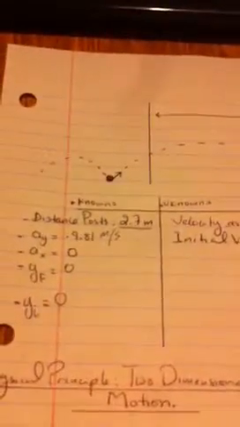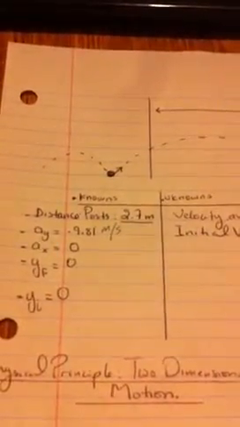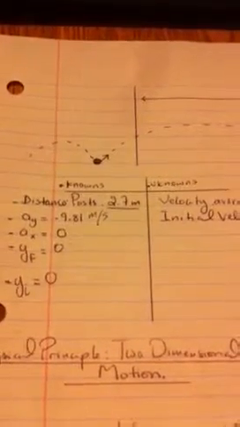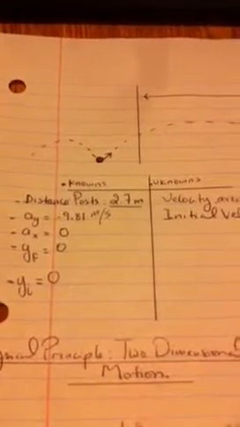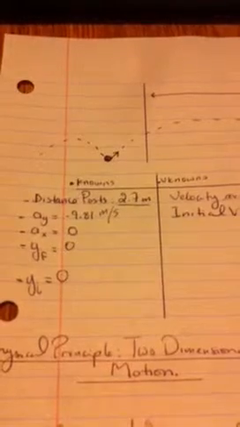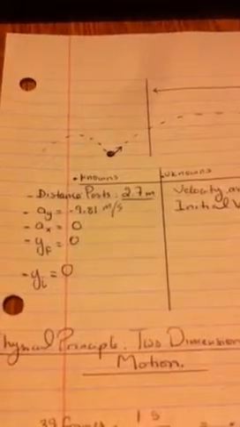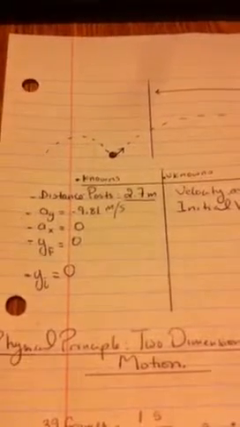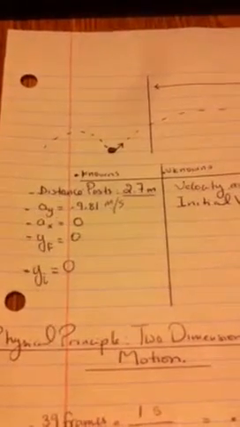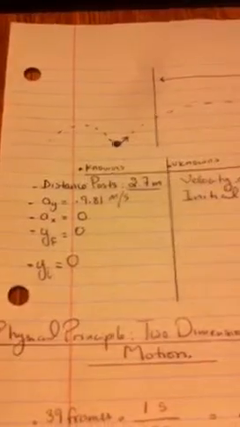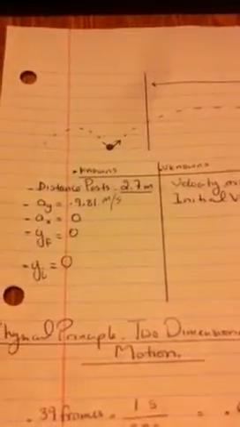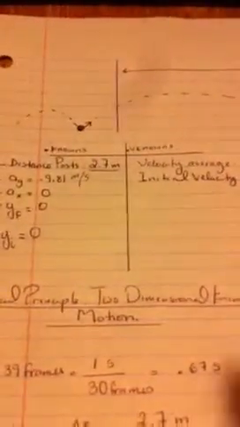We know the acceleration in the x direction is 0 because there's no acceleration in the x direction in two-dimensional motion. And we know that the initial position along the y coordinate is going to be 0, and y final is also going to be 0, because it starts from 0, goes back up, and comes back down to 0 along the y dimension.